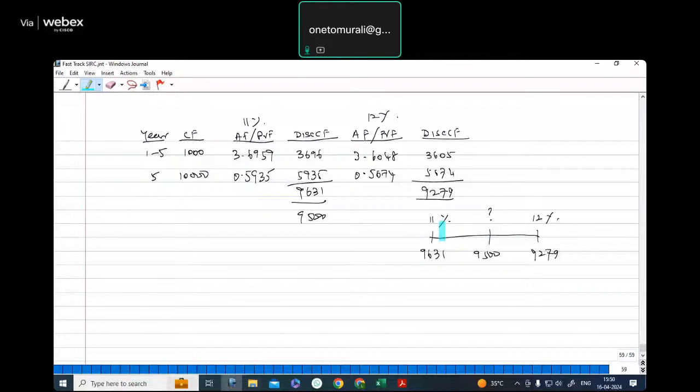That is what you can say with accuracy through the Excel function: it is 11.37.